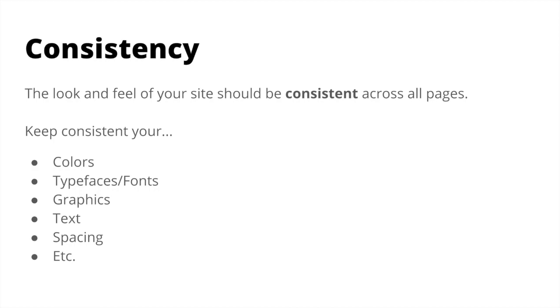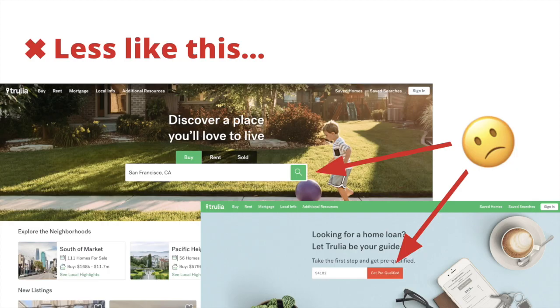So for example, if we look at the Trulia website, you see on one of the screenshots of their homepage, they have this search bar with this green button, and then on the other one it's a red button, so that's a really small thing, but it's not consistent. Another thing is the navigation bar at the top. So on one of the ones on the left, you see that there's no colored background, and then the one on the right has this green bar, so that's inconsistent.